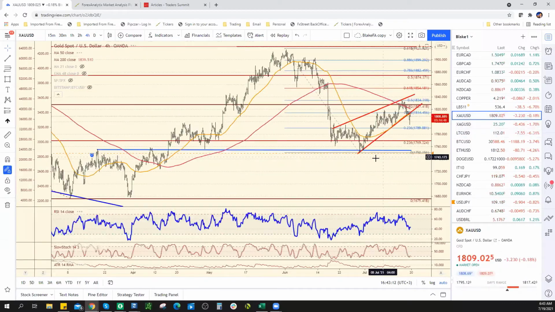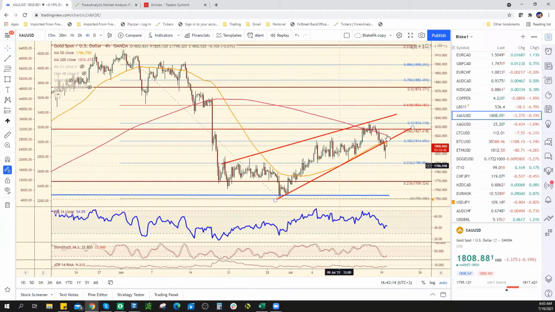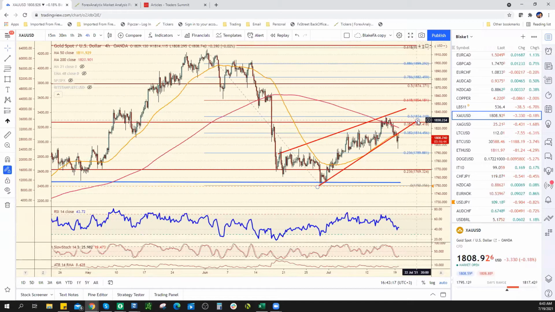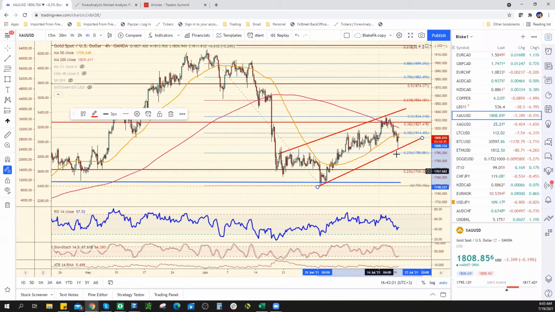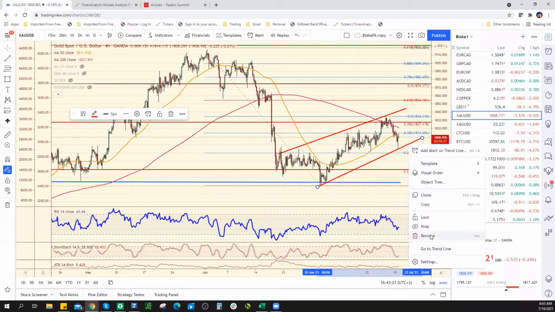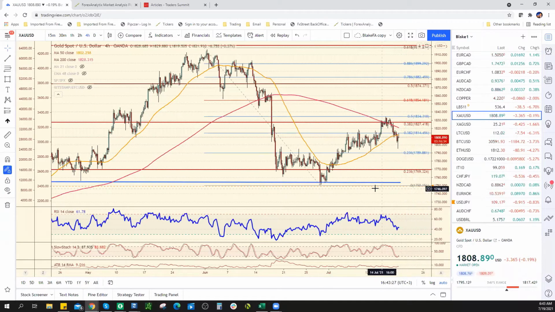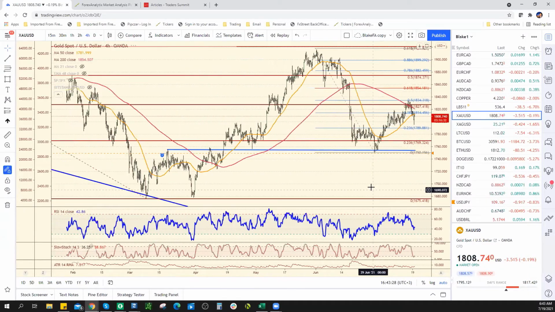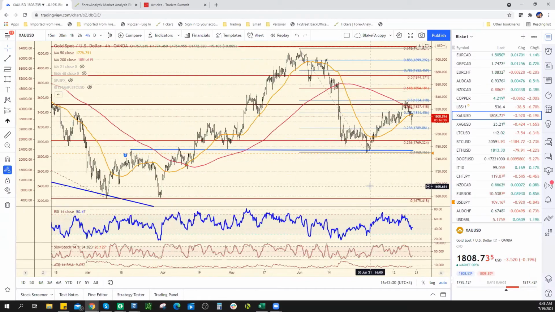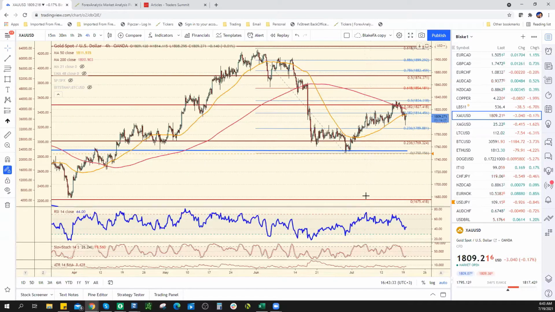Gold, coming out of a bit of a wedge, but this could actually end up being more of a channel. I don't want to get too terribly excited about gold. I have it as a wedge as well, despite being long-term bullish. I thought I had silver in a rectangle and gold in a wedge.